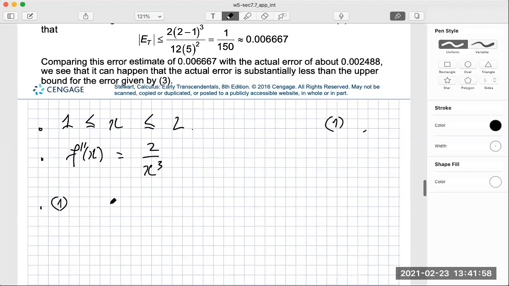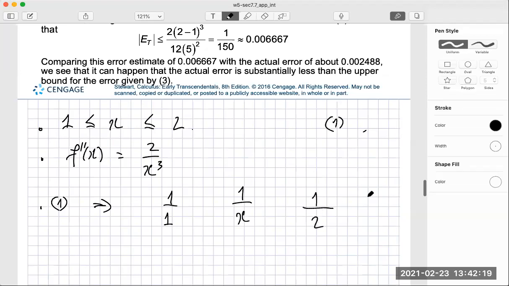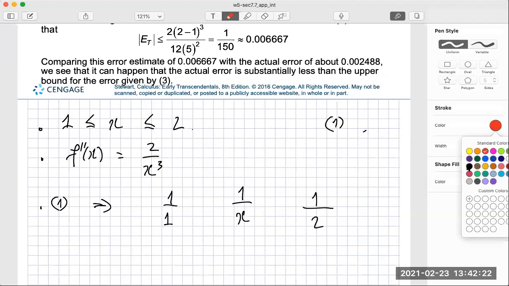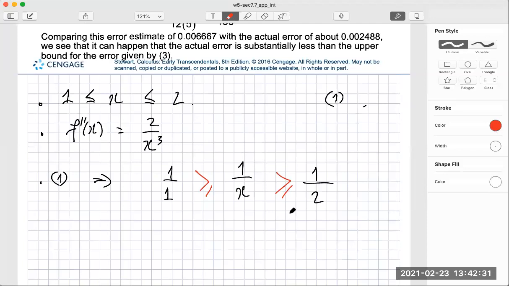From the first inequality, if we flip all of these, we have to change the signs of the inequality, right?